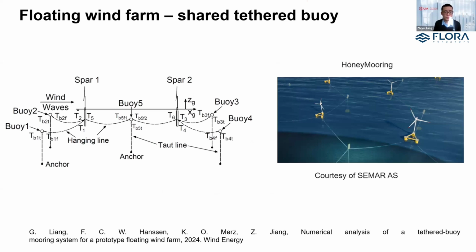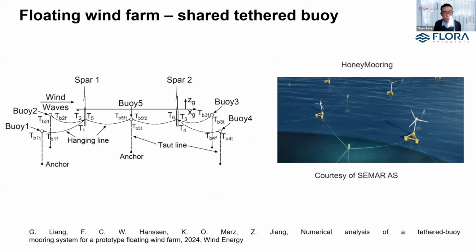The shared buoy concept actually originated from a Norwegian company called Sema. They proposed the idea of honey mooring in order to have a hexagonal honeycomb-shaped floating wind farm layout.